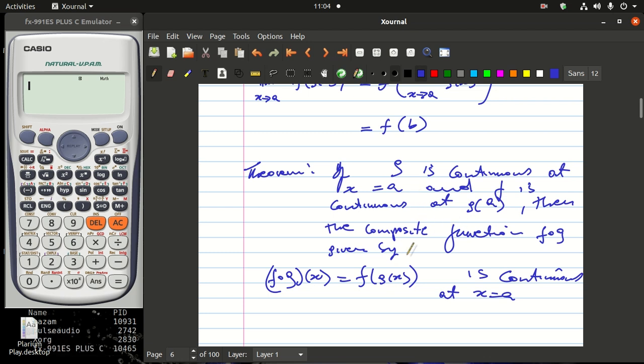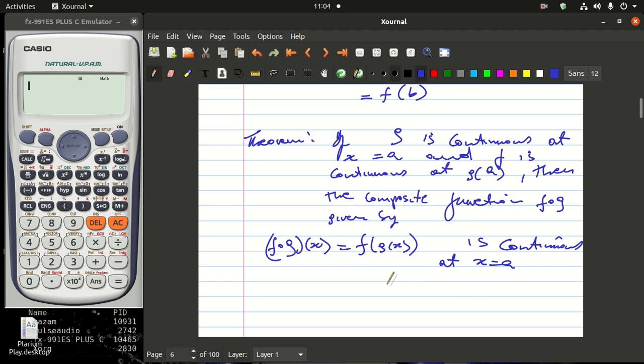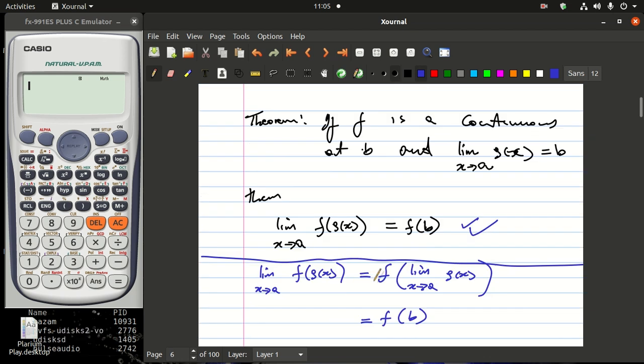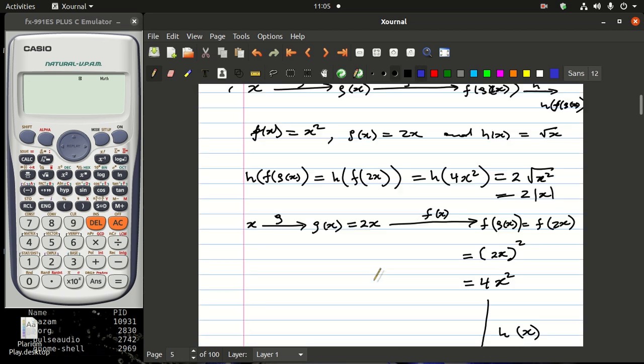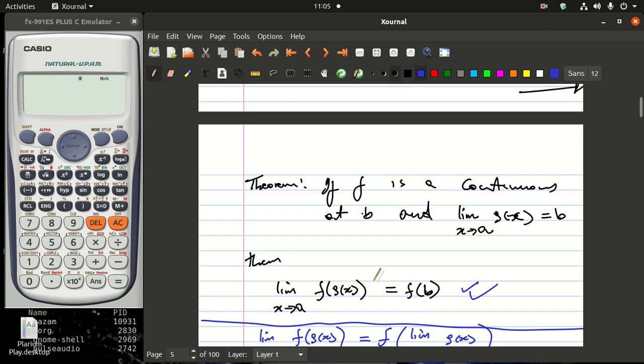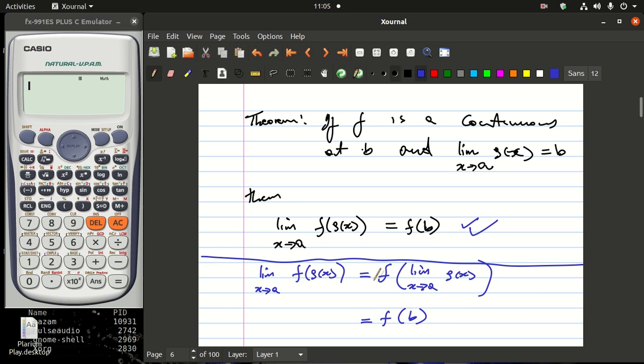If that is the case, then the composite of these two must also be a continuous function. That's what is actually important about this particular function. So this is just a little bit of summary and adding up of some of the information that is needed in this particular case.